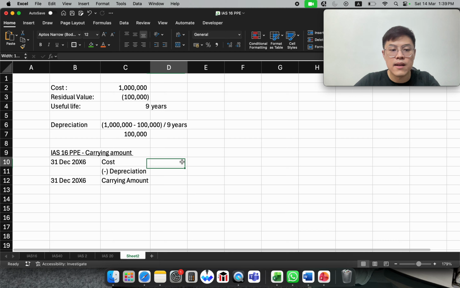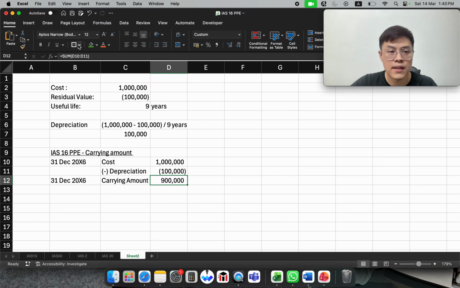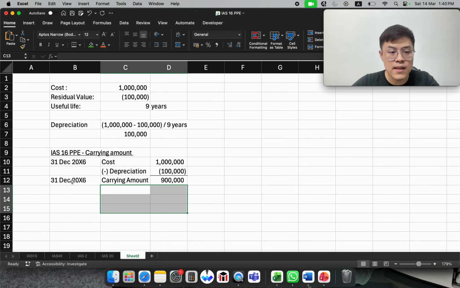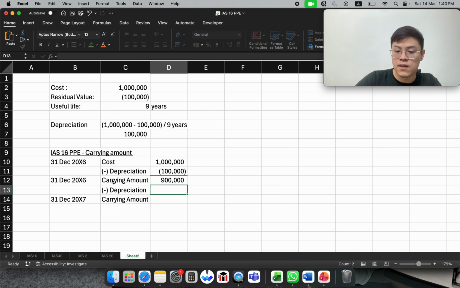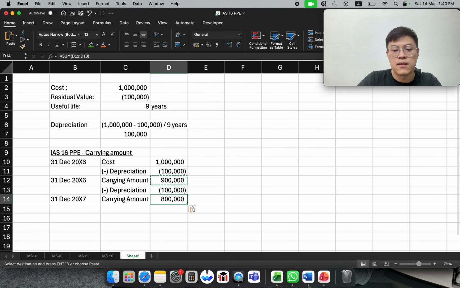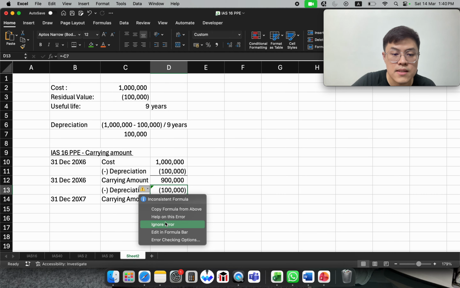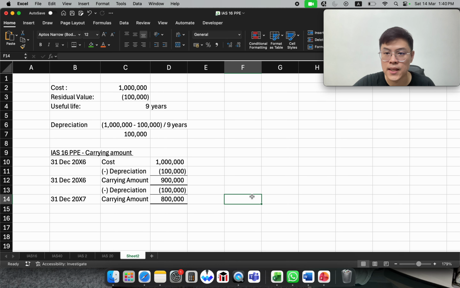The cost is 1 million, depreciation is 100k, and we end up at 900k. Same thing, we depreciate accordingly in the second year end, 20X7, from this 900k, and you get 800k carrying amount at 20X7. This is what you learn in IAS 16 PPE.